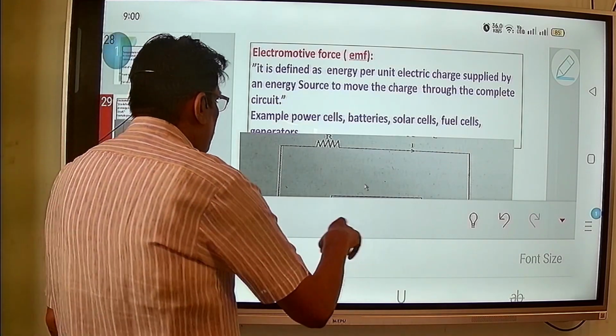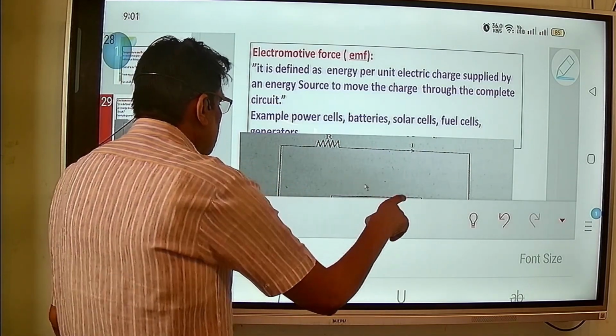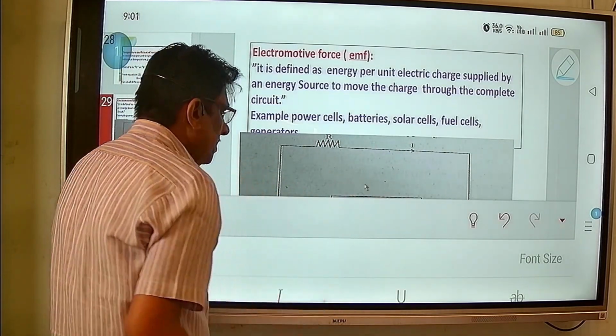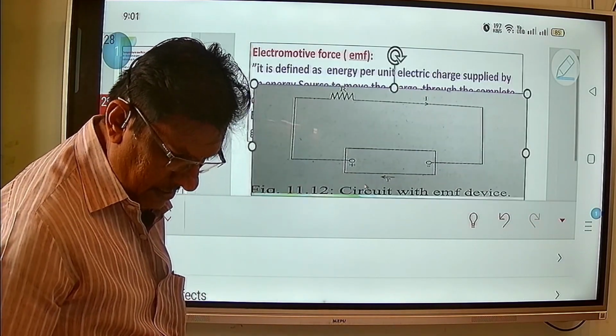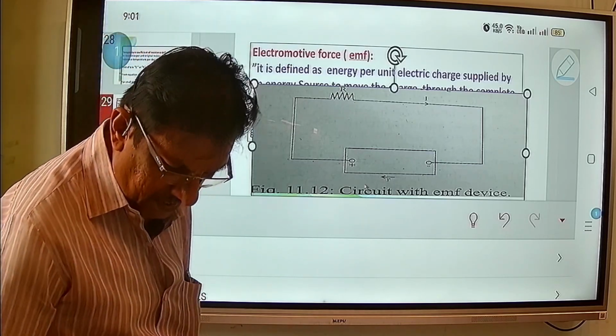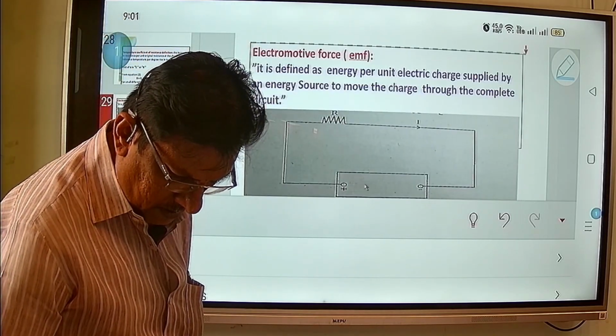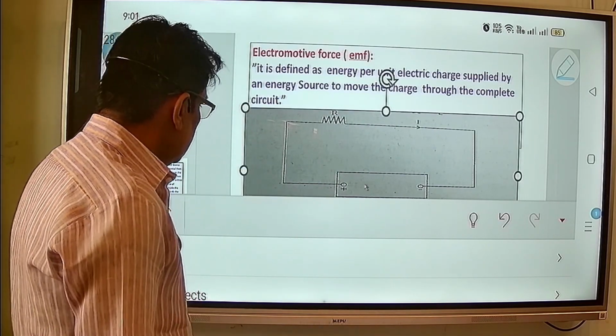All this process which is done with the help of this battery is called the electromotive force. So this is the definition.